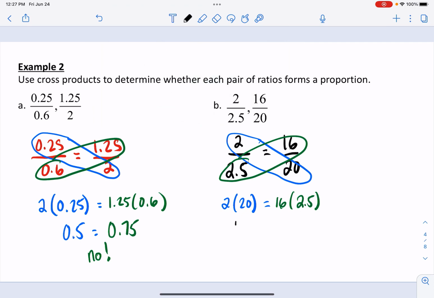Well, 20 times 2, I don't need my calculator for that. 16 times 2.5, I could teach you a crazy way to do that math, but I use my calculator. Those work, so yes, they are a proportion, meaning 2.5 over 2 equals 16 over 20.